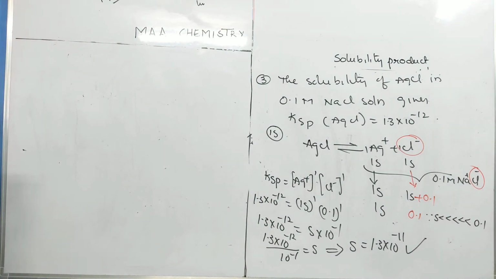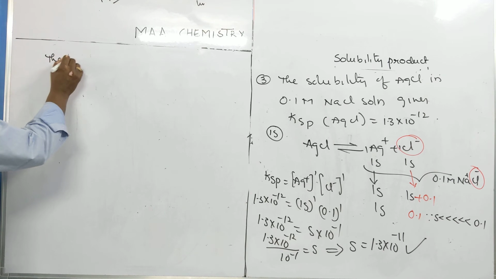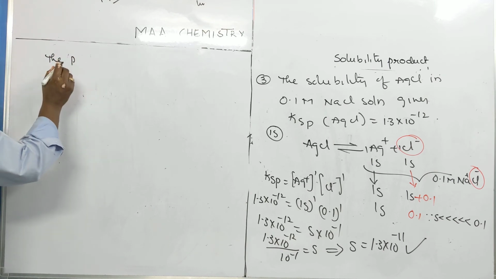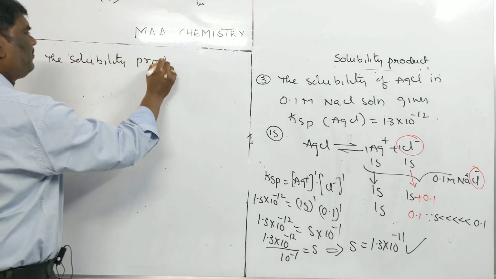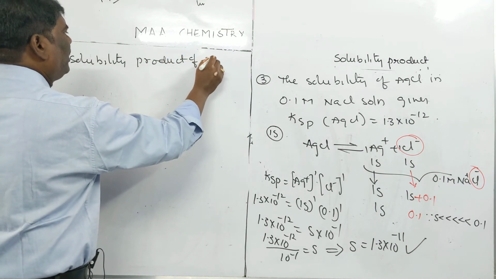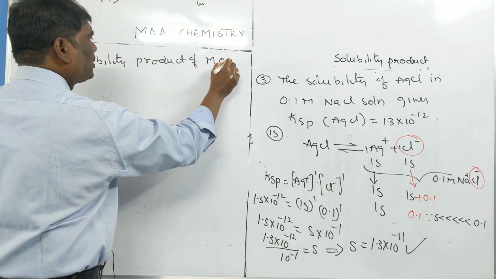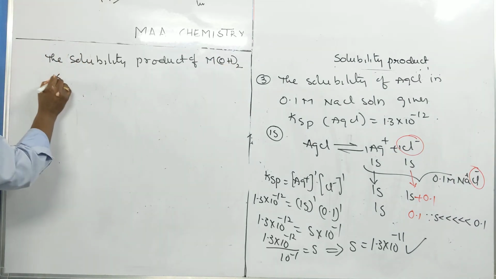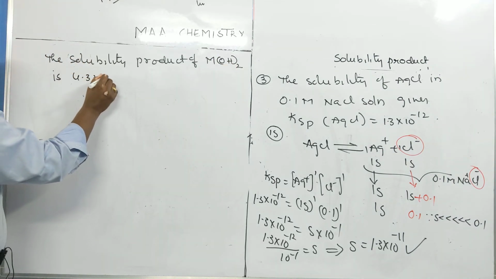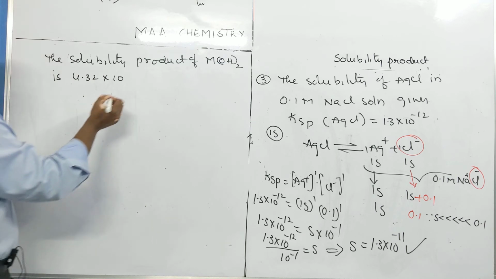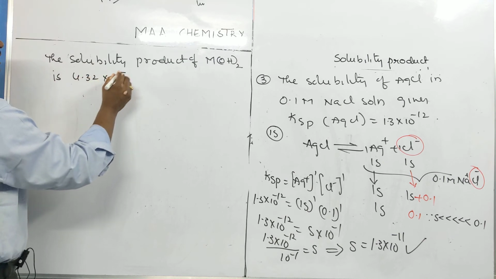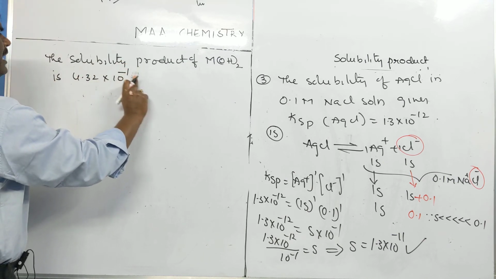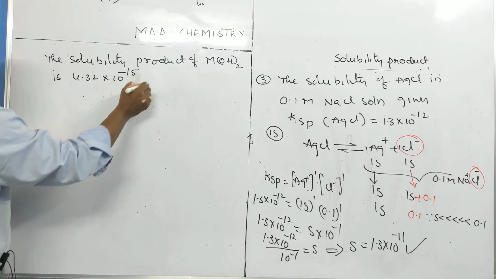Now we are calculating the solubility product of MOH taken twice, which is 4.32 into 10 power minus 12, or let us suppose 10 power minus 15.